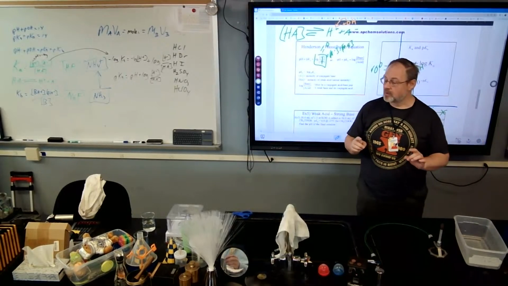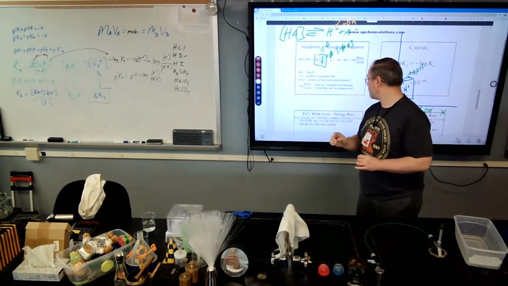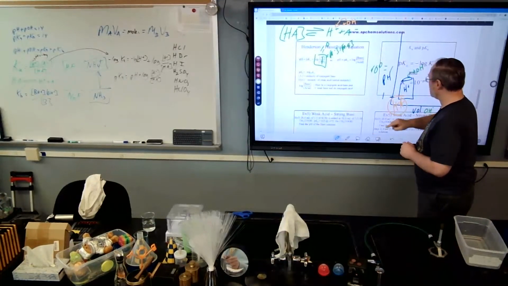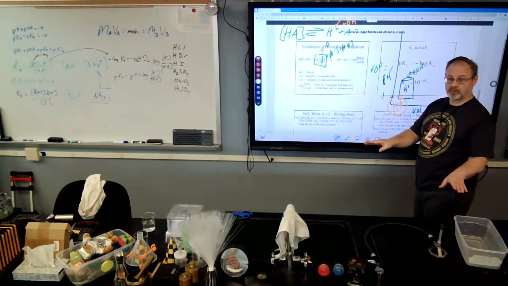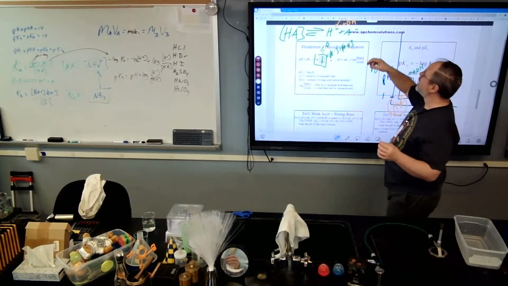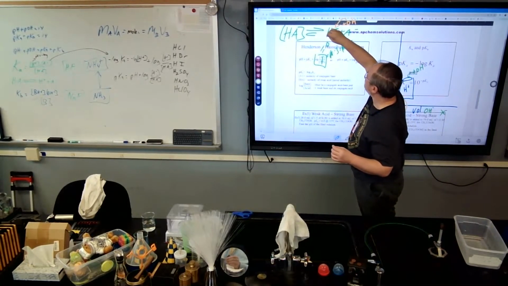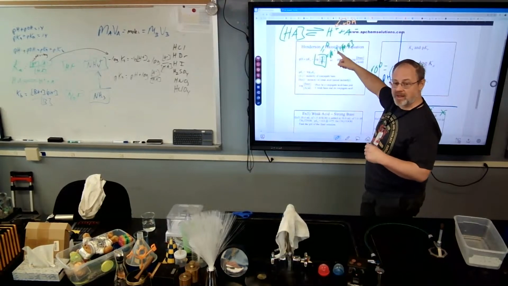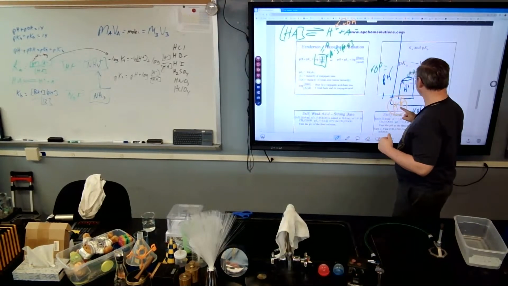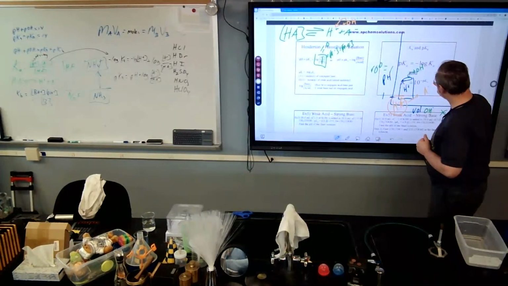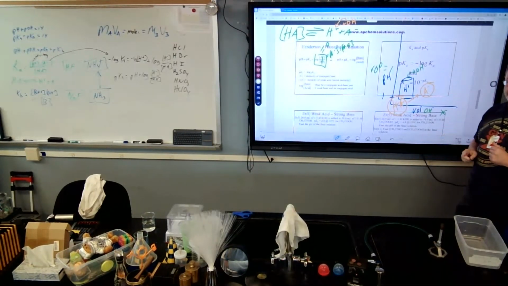Which means for a weak acid, you have a whole bunch of HA and no A minus. But as you add hydroxide, and a hydroxide absorbs a proton and the HA releases another one, it also releases an A minus. So as that happens, the HA concentration becomes the A minus concentration.